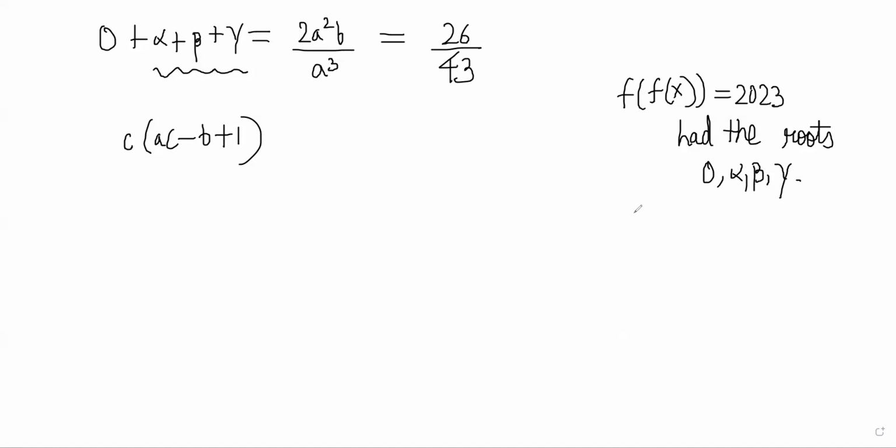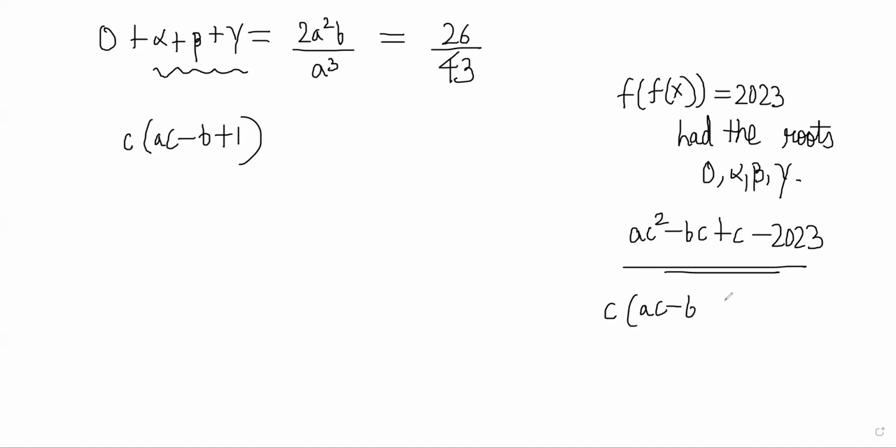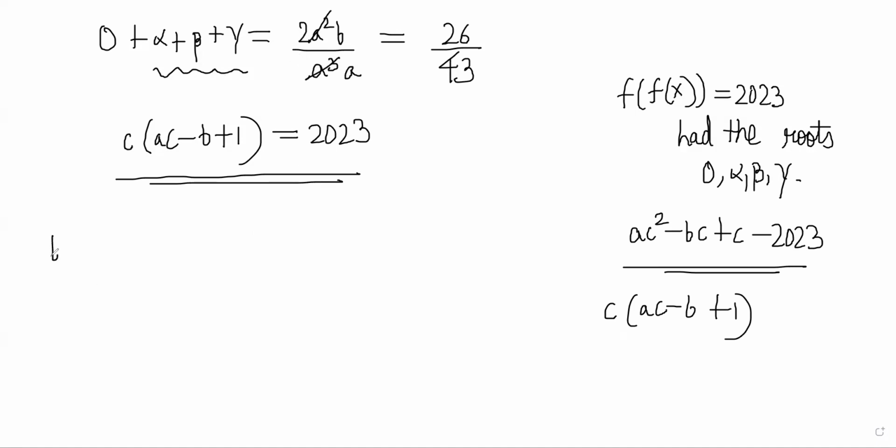So the actual constant term is going to be ac square minus bc plus c minus 2023, right? So c times (ac minus b plus 1) is equal to 2023, right? This is what is coming by Vieta's formulas. So from here, it is obvious that you're getting b by a. b by a is equal to 13 by 43.